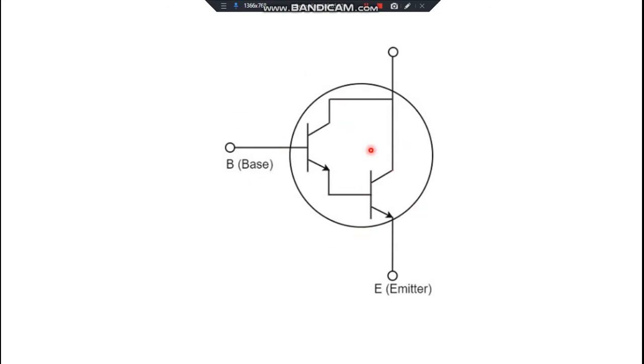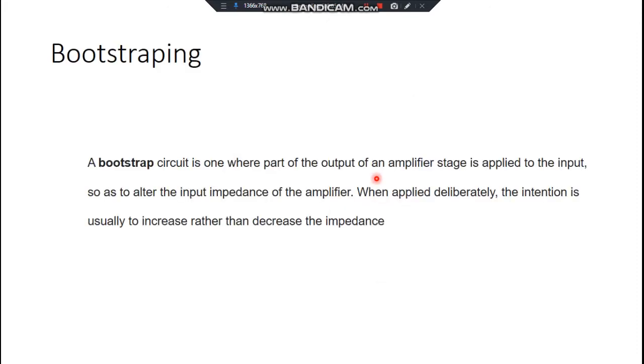This is the symbol for a Darlington emitter pair, wherein inside the bubble you can see two back-to-back connected transistors, wherein the emitter of one is connected to the base of the next transistor. Now, in order to achieve very high input impedance, a part of the output voltage is fed back via an RC network in order to reduce the base emitter junction voltage so that we can limit the amount of input current that is given to the circuit.